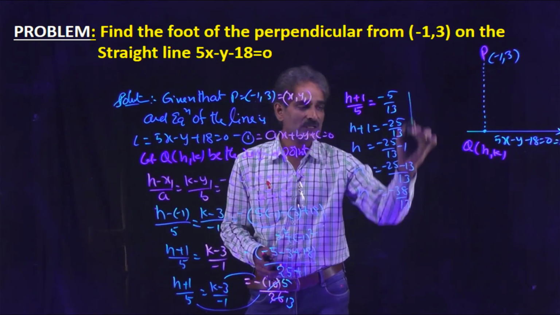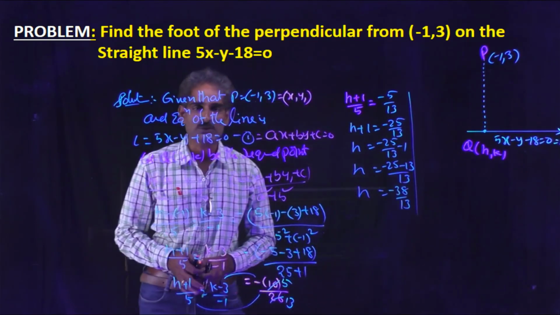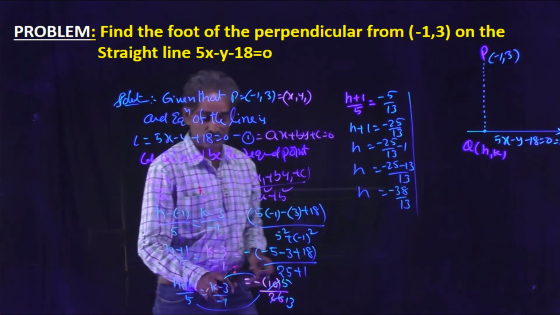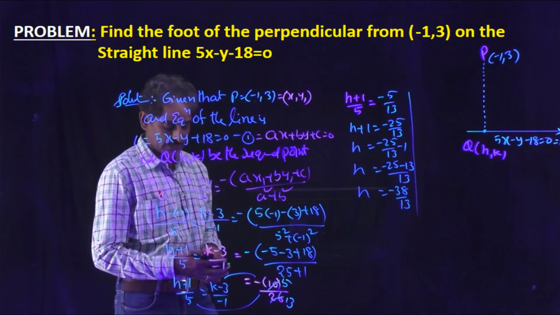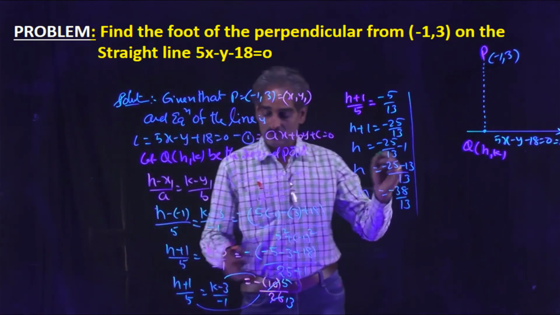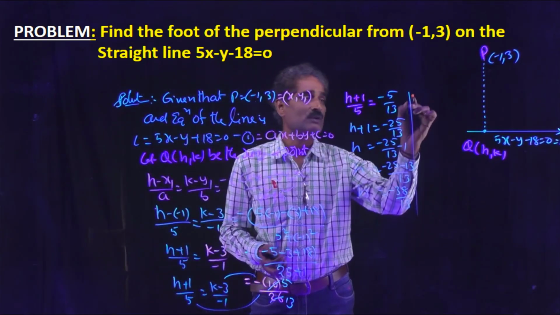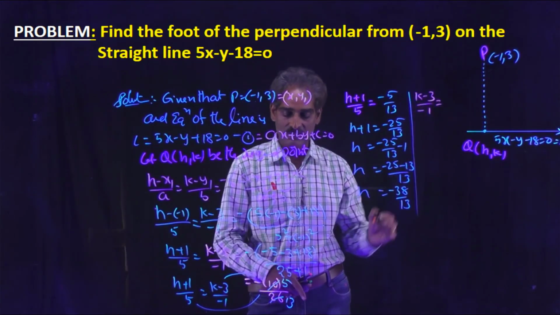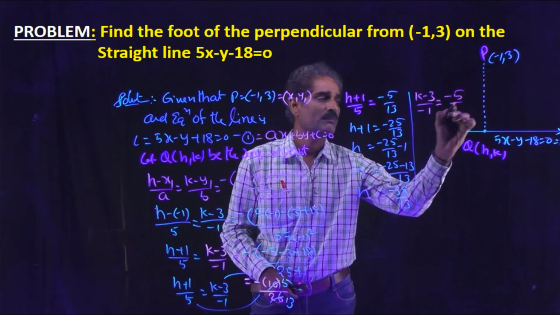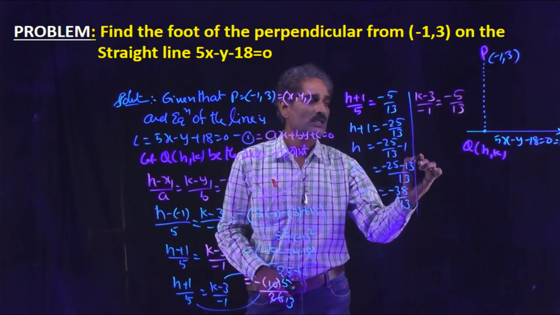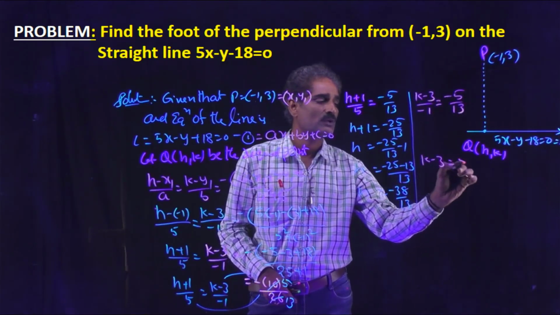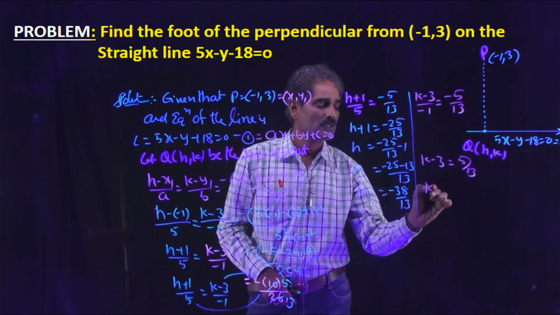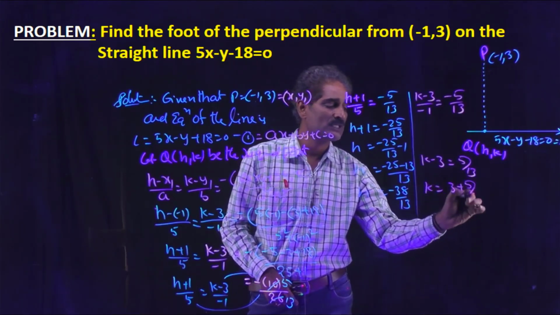Okay, similarly find out the k value also. Now come to this one. For the k value, (k - 3)/(-1) = -5/13. So k - 3 = 5/13. k = 3 + 5/13.